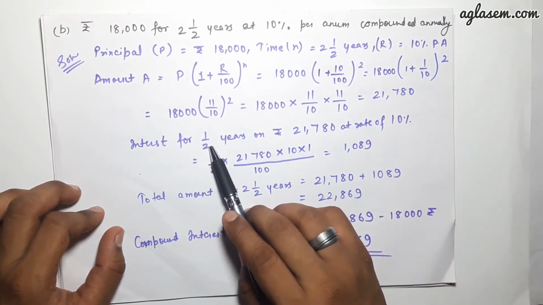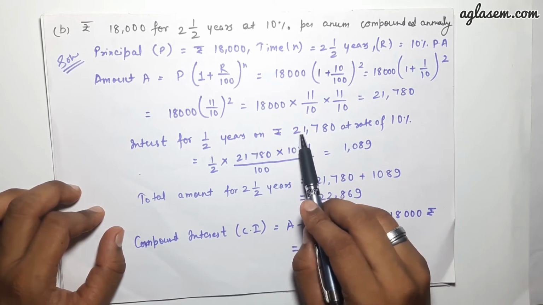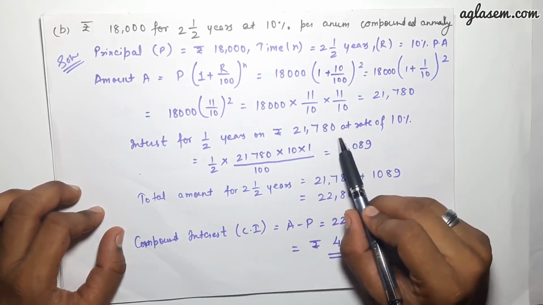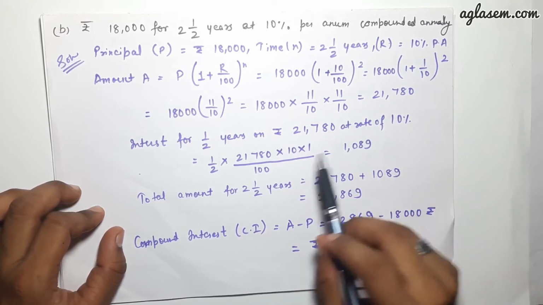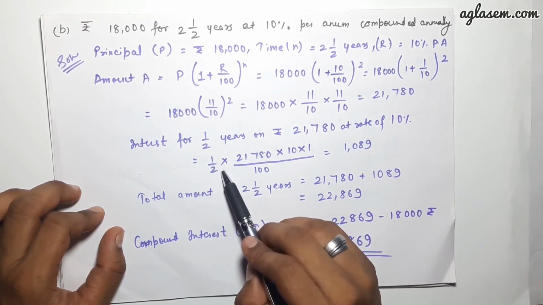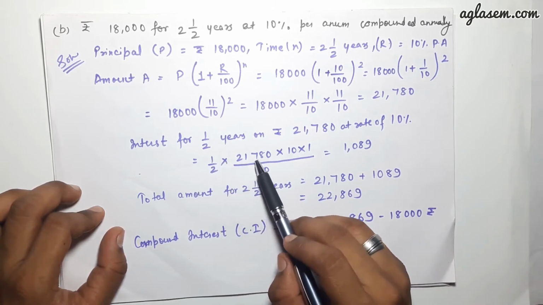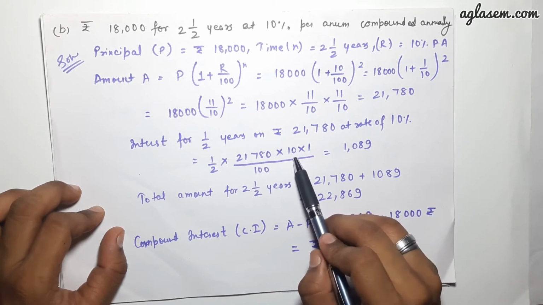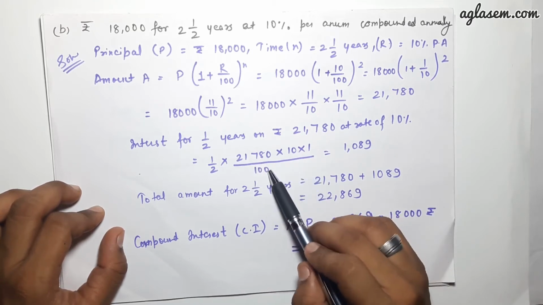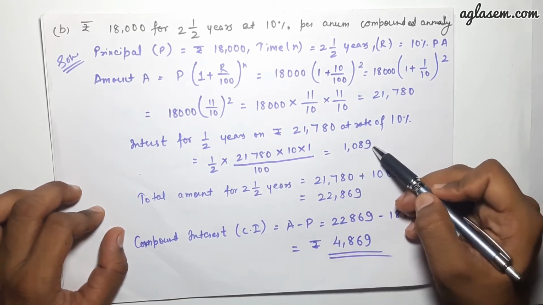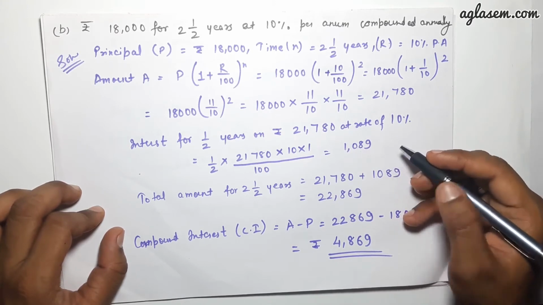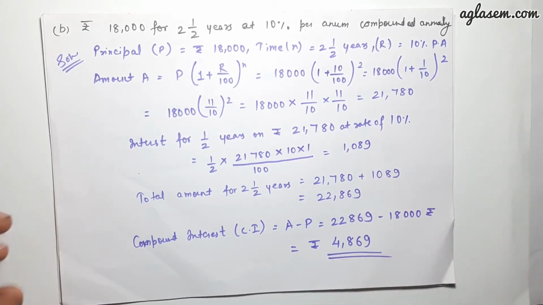Interest for half year on rupees 21,780 at the rate of 10% is equal to 1/2 into 21,780 into 10 into 1 upon 100, that is 1,089.